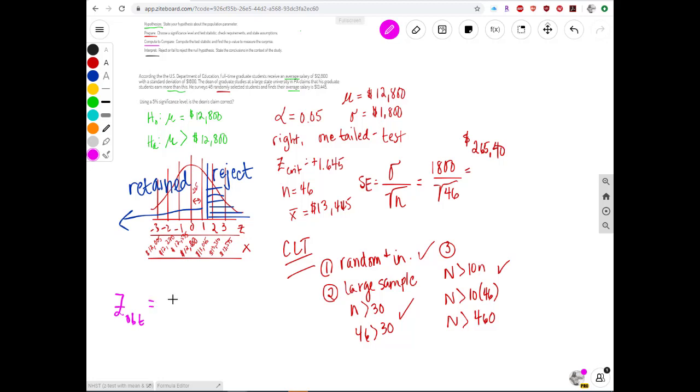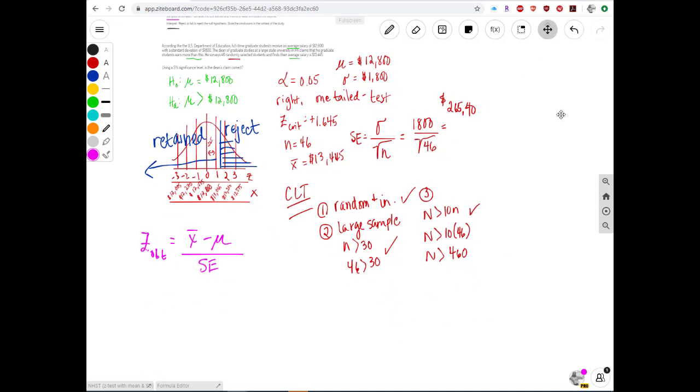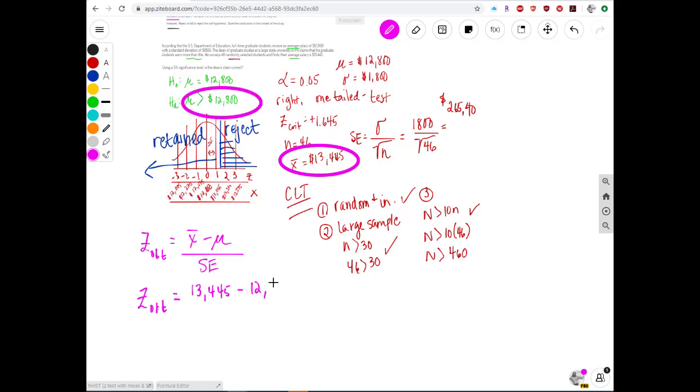So now I've got to compute my Z obtained. And my Z obtained is going to be my sample mean minus the mu divided by my standard error. And I'm going to scooch this up to give myself a little bit more room. Okay, so my Z obtained is going to be my mean, which was $13,445, minus my mu, which was $12,800.